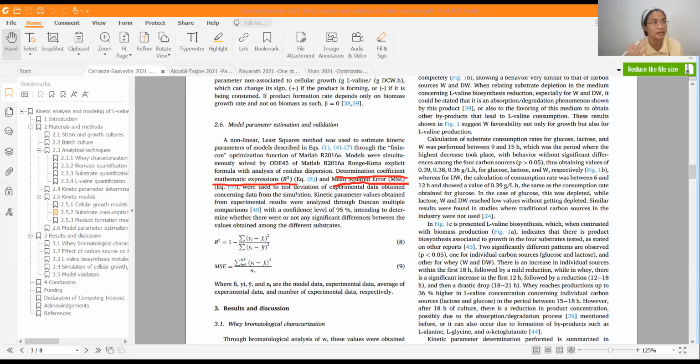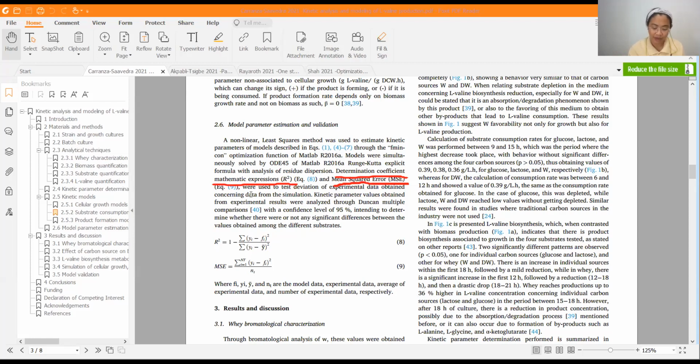Thinking about the statistic we did for descriptive statistic, when I say graph fitting, it is used to test the deviation of the experimental data from the data obtained from the simulation.